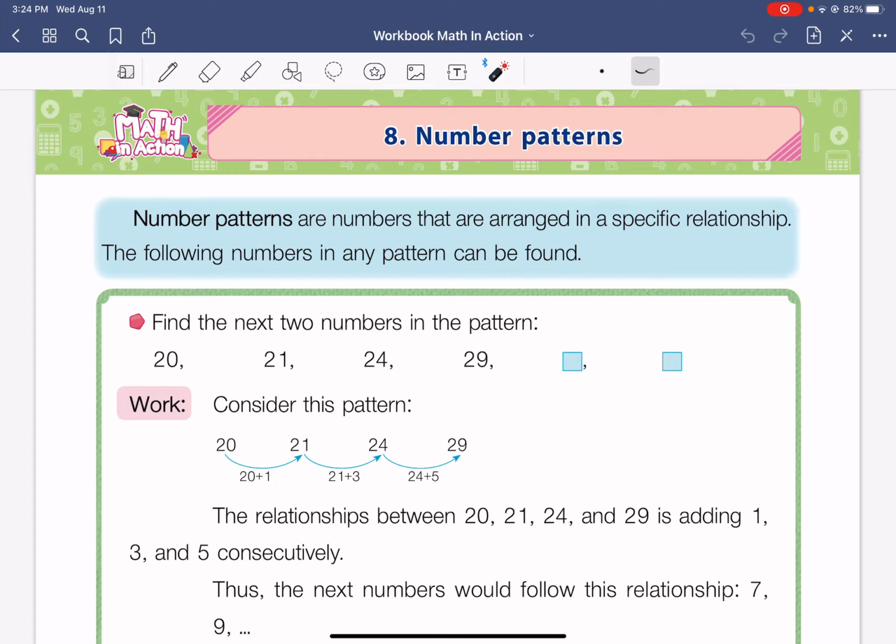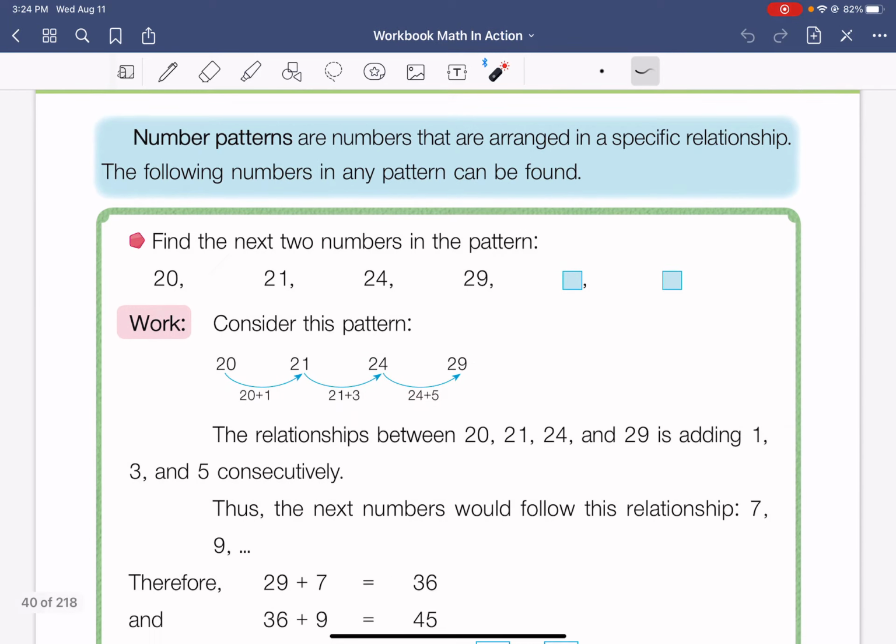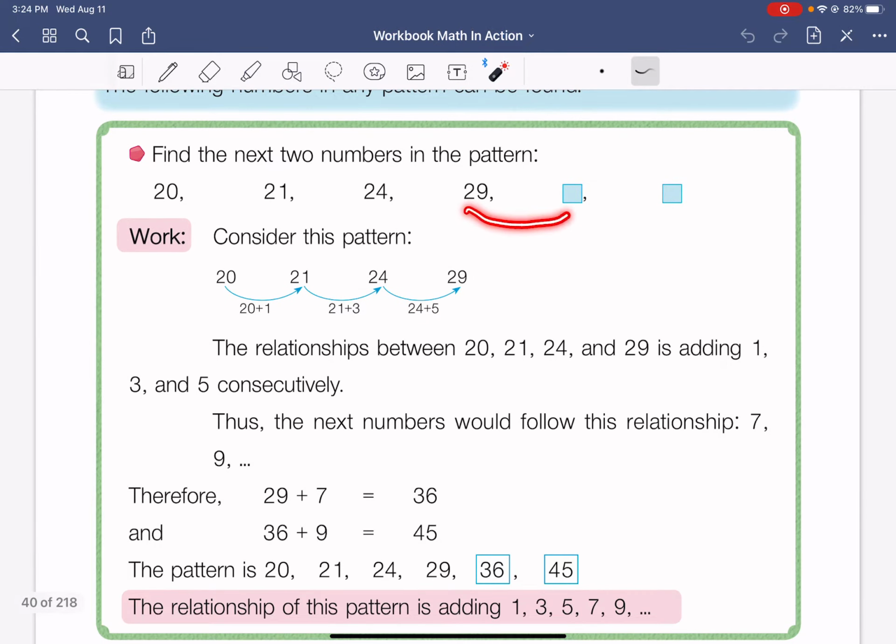So we have to think about 20 to 21, we plus 1. 21 to 24, we plus 3. 24 to 29, we plus 5. So the one after would be 29 plus 7, we get 36. 36 plus 9, we get 45.